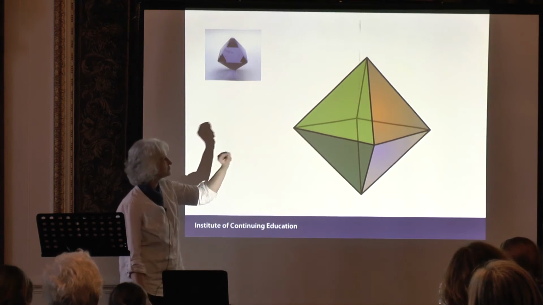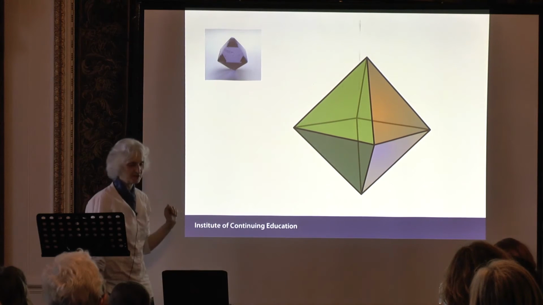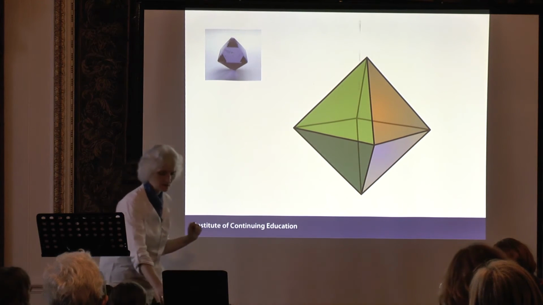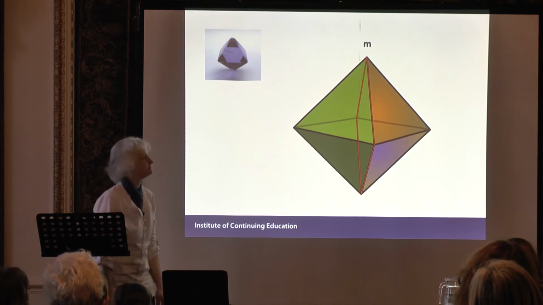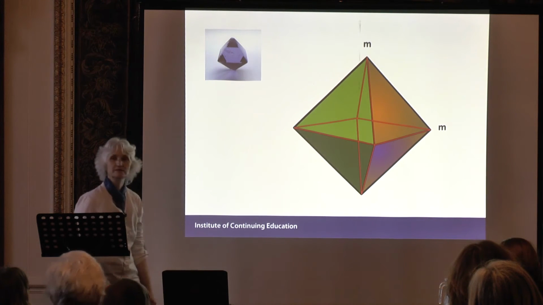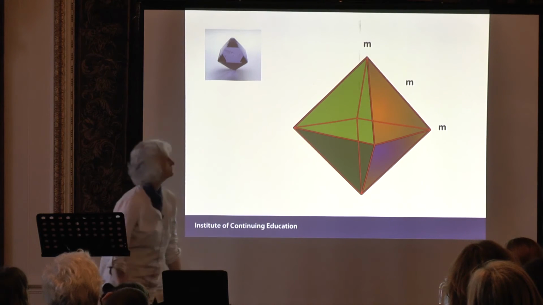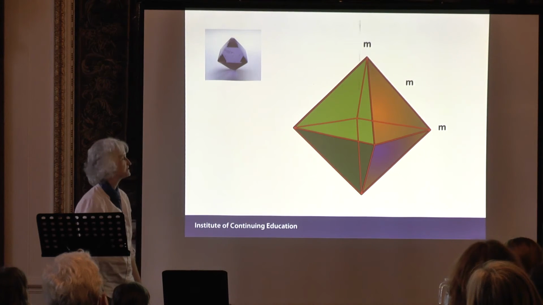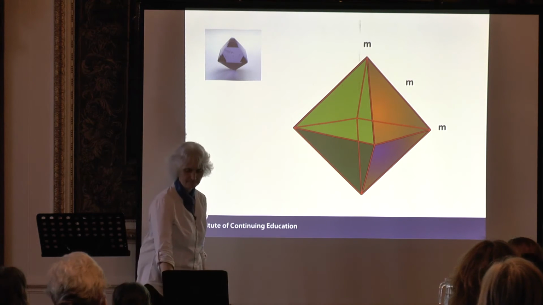We've got an octahedron, which is 2 pyramids on top of each other. Lots of symmetry. The left is the same as the right. The top is the same as the bottom. The back is the same as the front. Whichever way around we look at this, we see mirrors in here.